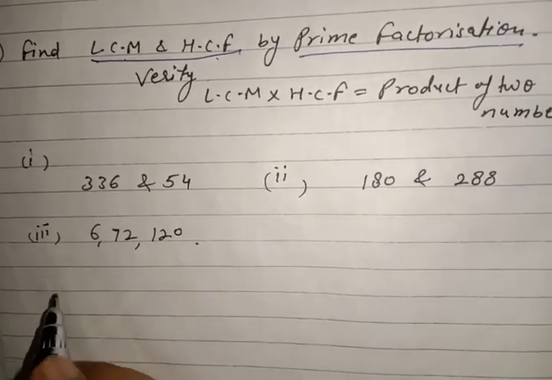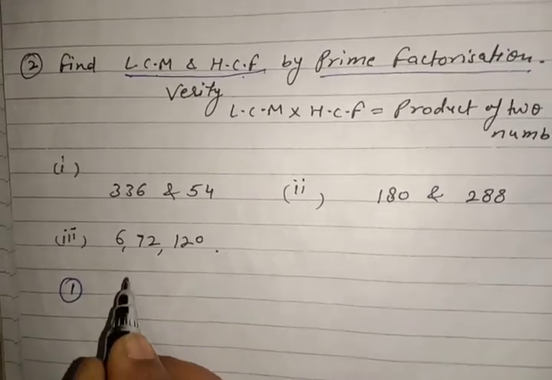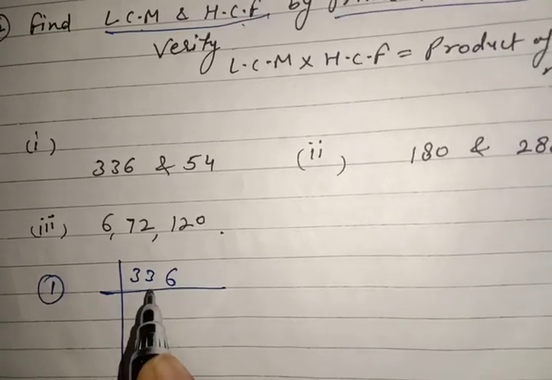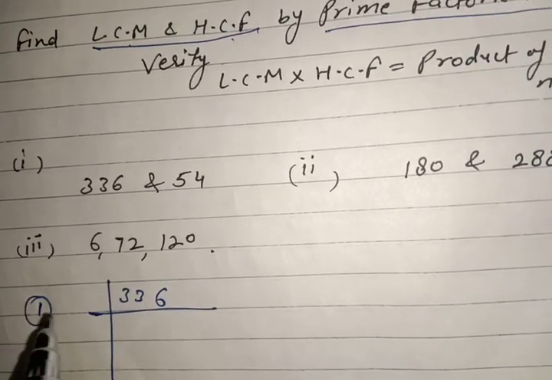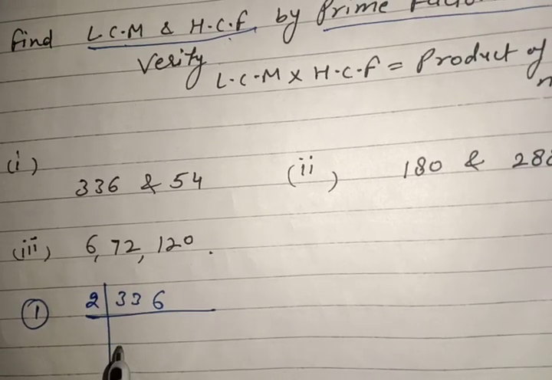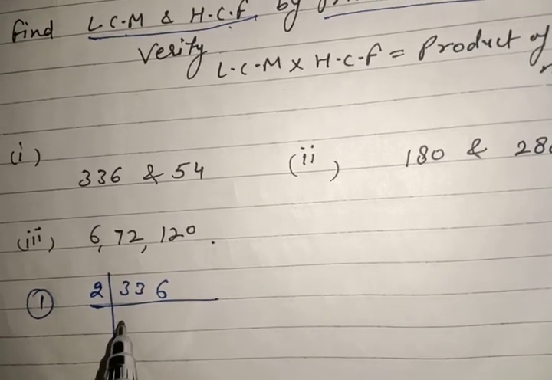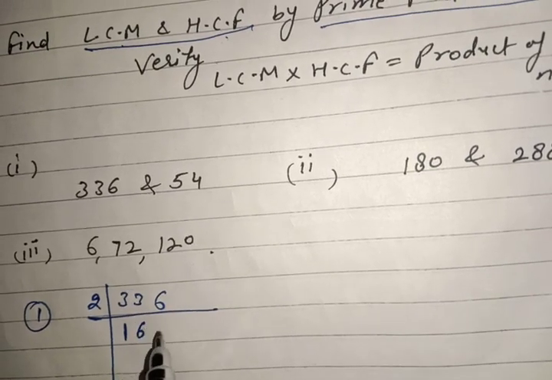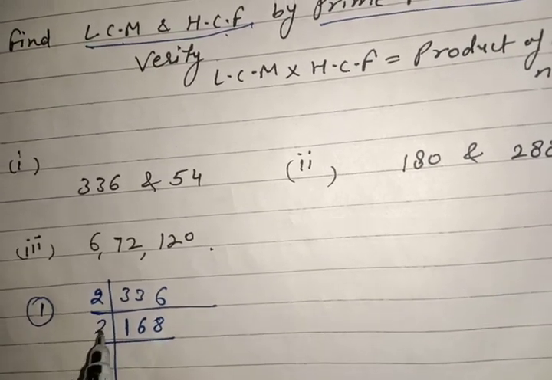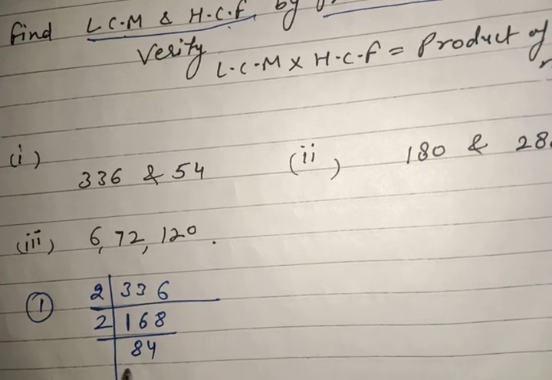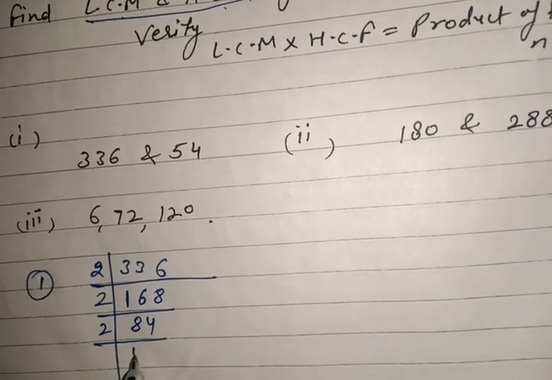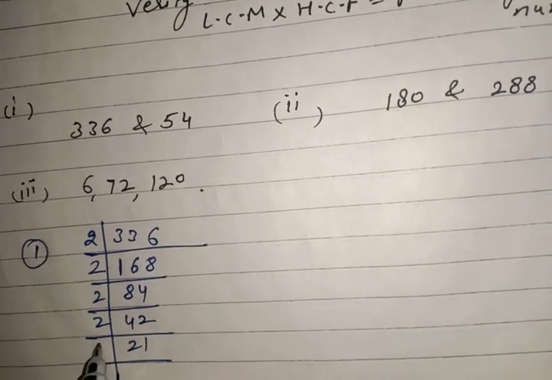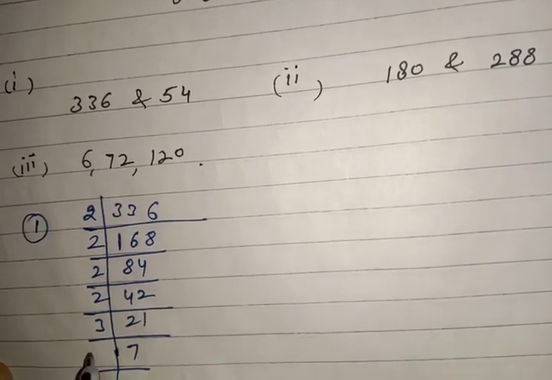So first of all, we will find the prime factors of 336. We can start with all the prime numbers, because this is prime factorization. Then again with 2, then again with 2, again with 2, then with 3, and this is 7.